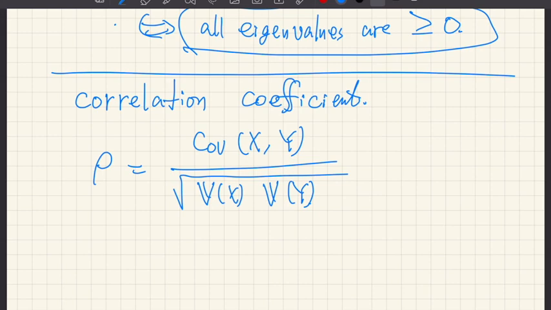You can prove that this correlation coefficient takes values between -1 and +1. When x and y always move in exactly the same direction, the correlation coefficient will be exactly 1. And if they always move in opposite directions from the mean, then their correlation coefficient will be negative.